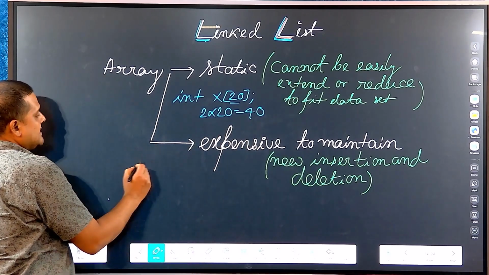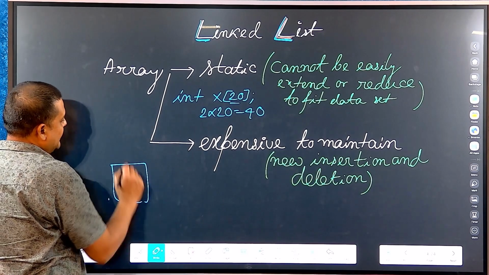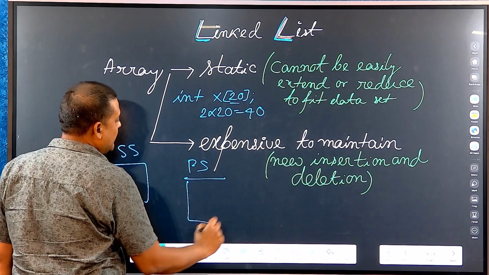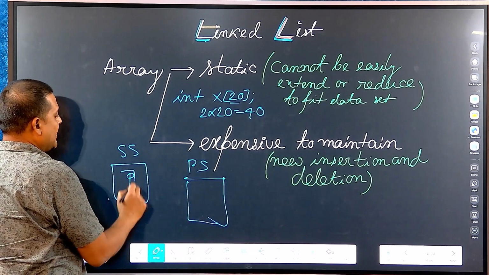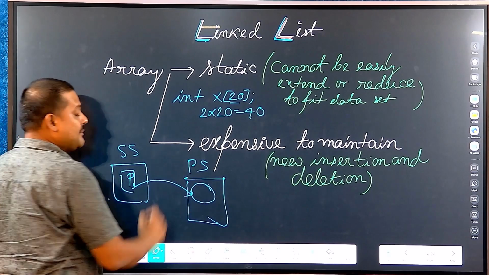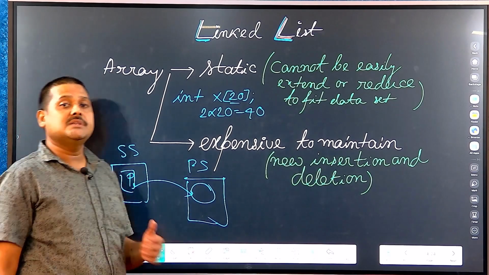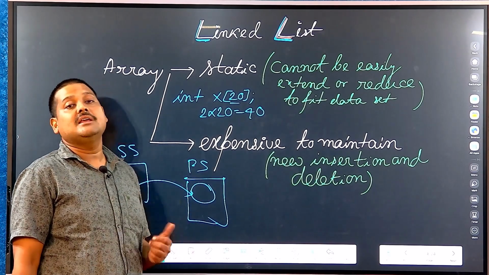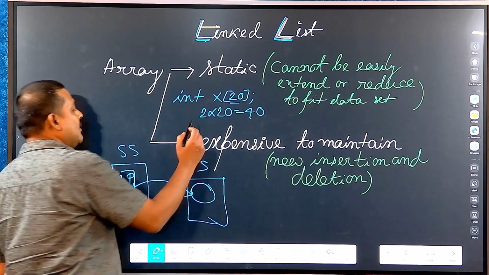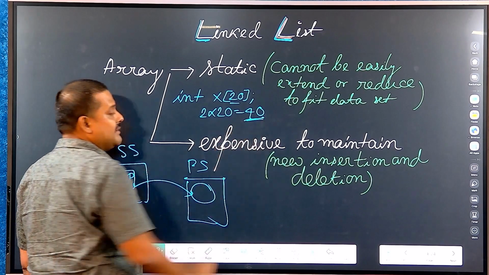Say for example, this is our secondary storage and this is our primary storage. Whenever we are going to execute this program, it will occupy some memory space, and the memory occupied is for the variables that we have declared. So, for this, 40 bytes of memory space will be allocated.